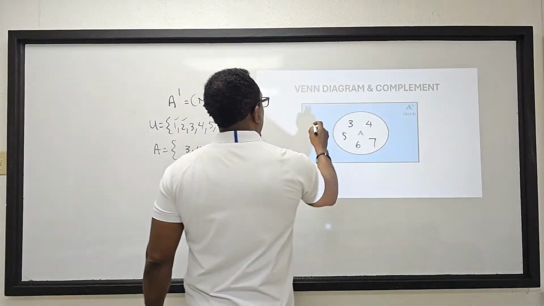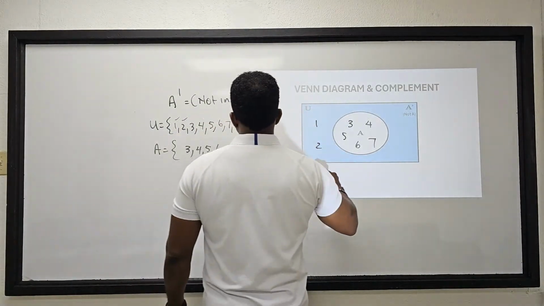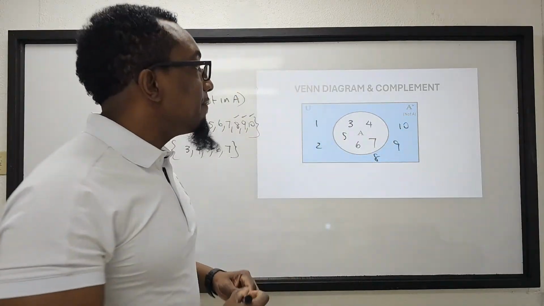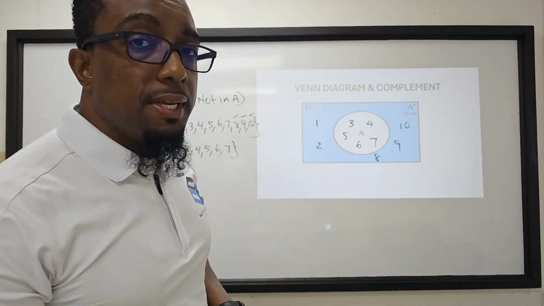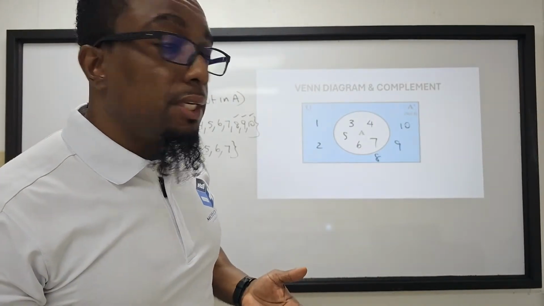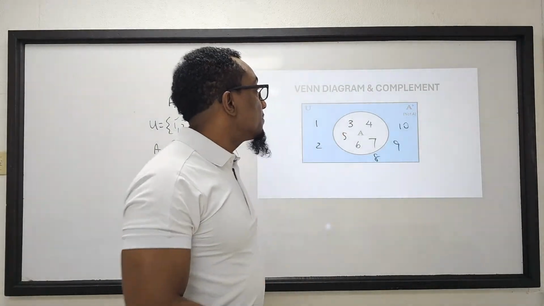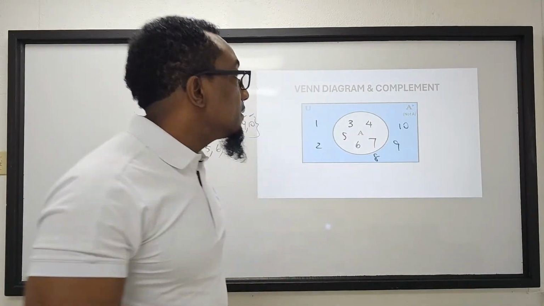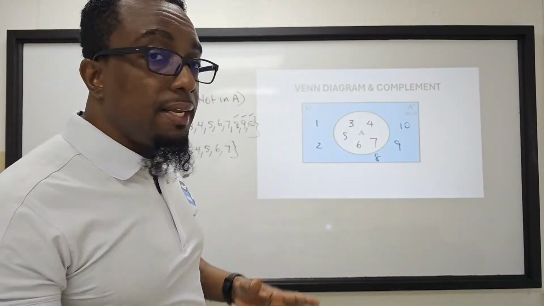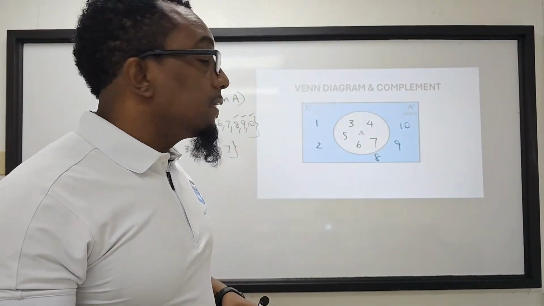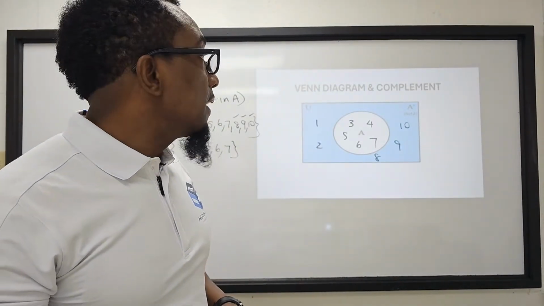So this will be 1, 2, 8, 9, 10. So we have all the elements of the universal set within our Venn diagram, but the elements are strategically placed. So 3, 4, 5, 6, 7 is within A, and 1, 2, 8, 9, and 10 are outside of set A. They are not in A, but within the rectangle, within your universal set.